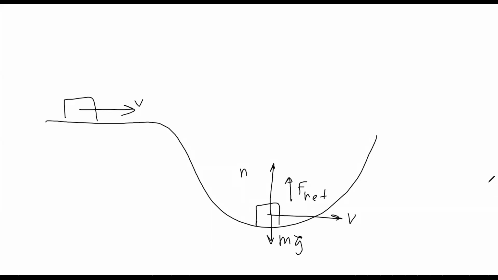Once again, you're at the bottom of that valley, you are accelerating, and so what you feel is pushed down because you're accelerating up. So just another instance of a fictitious sort of addition to the normal force.